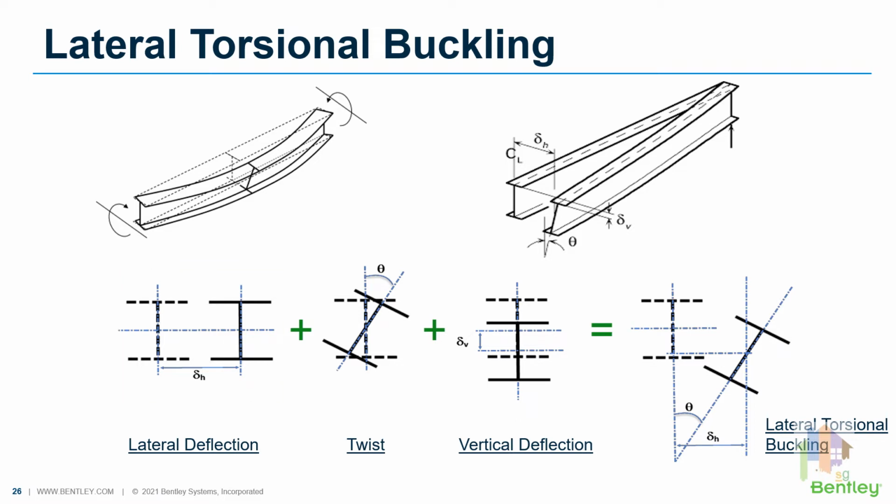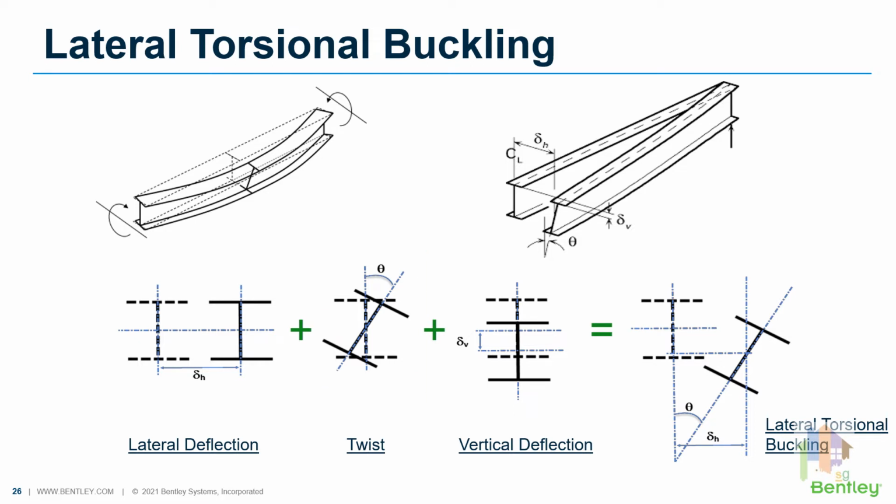Now, we assume that the load is applied at the center, which produces equal stress at the two extreme fibers of the flange. But in reality, it is not true, and due to imperfection in the beam or accidental eccentricity in loading, different stresses are generated. Furthermore, residual stresses contribute to unequal stress across the flange, which results in a twisting action about the longitudinal axis.